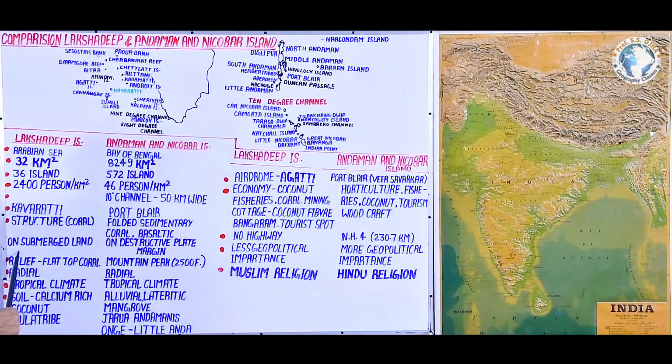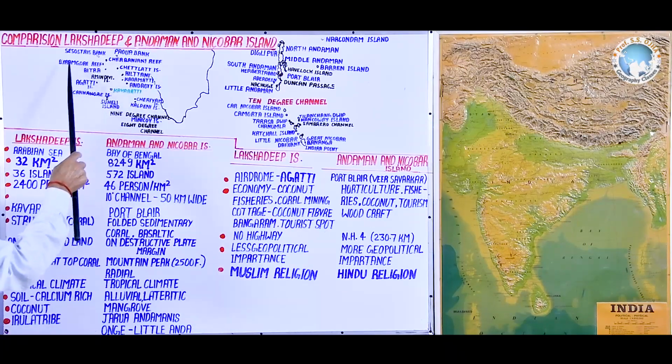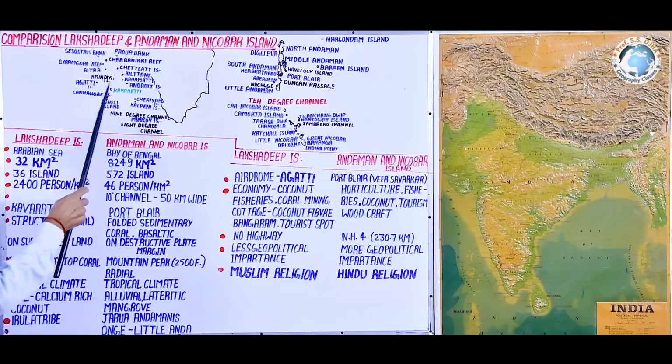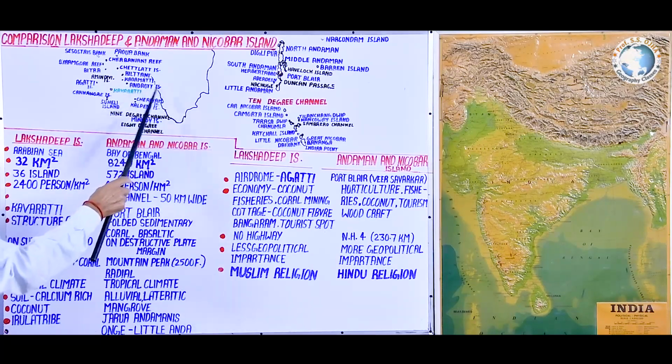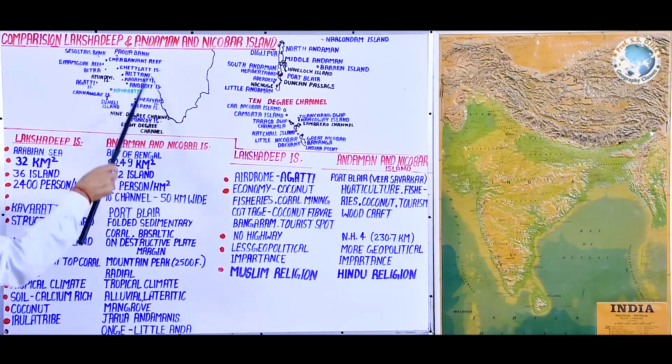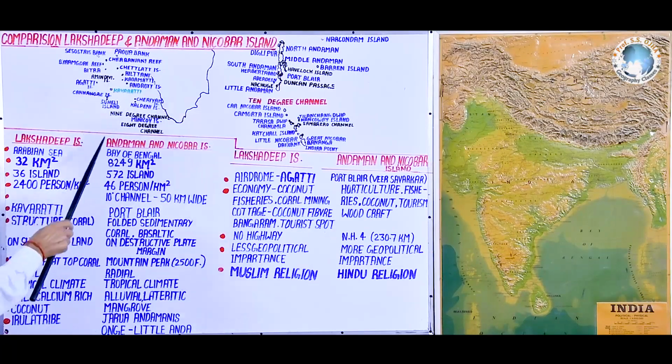Now, next point is on submerged land. As we know, this Arabian Sea block was in the geological past highland physically connected with the Indian peninsular plateau, but due to faulting this part submerged, and on that submerged part the Indian Ocean water prevailed.